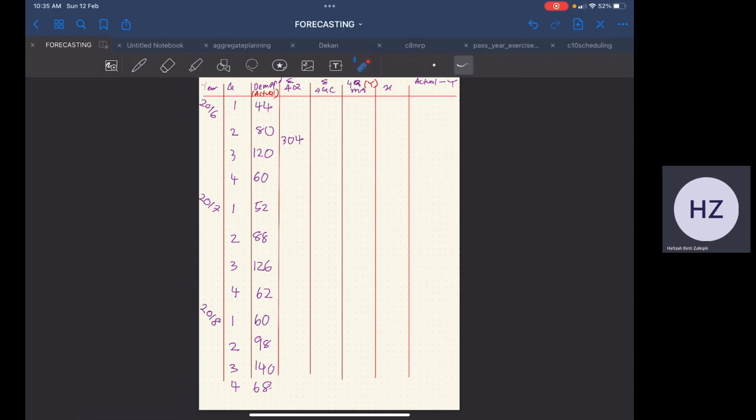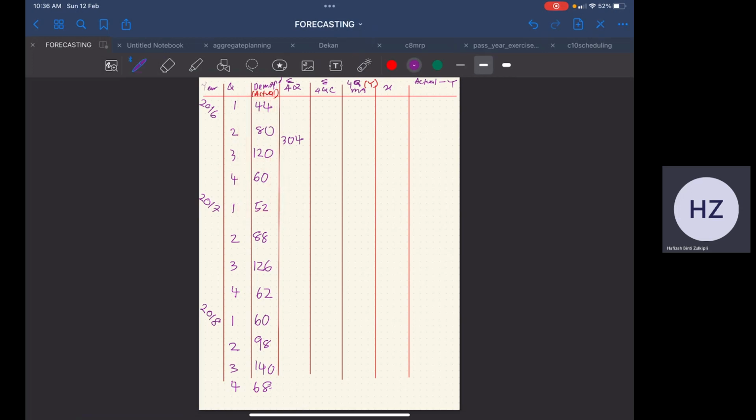Then the same step, repeat. We need to exclude the first one, so you sum the next values and put the result in the middle part. So 80 plus 120 plus 60 plus 52 is 312.